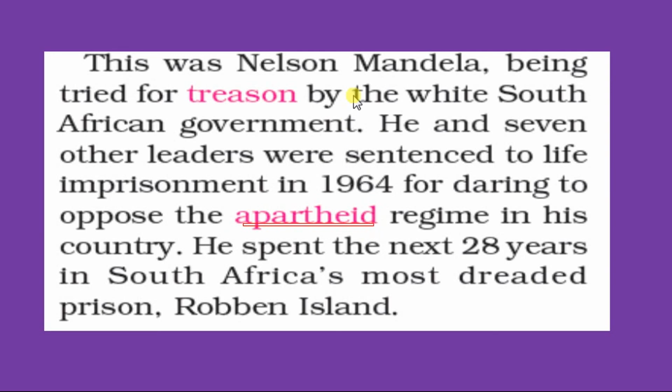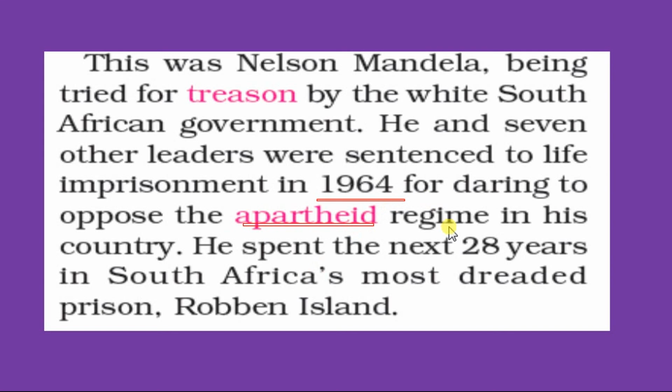Nelson Mandela was tried for treason by the white South African government; he and 7 other leaders were sentenced to life imprisonment in 1964. He was kept on Robben Island for 28 years.